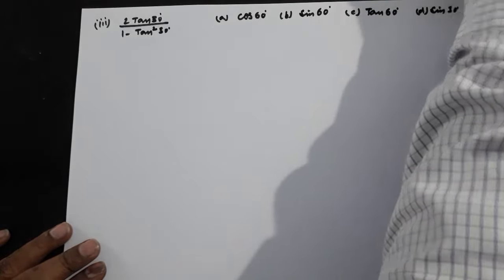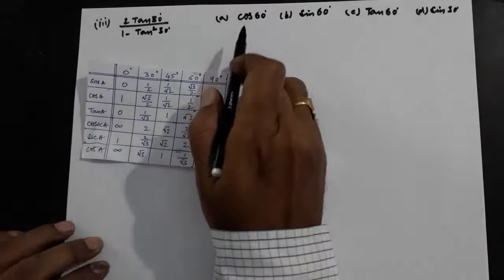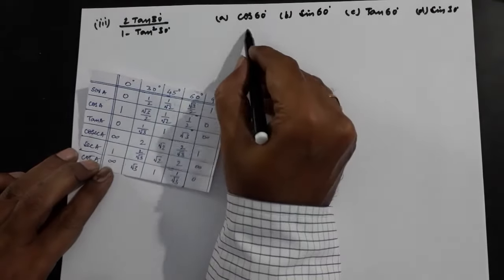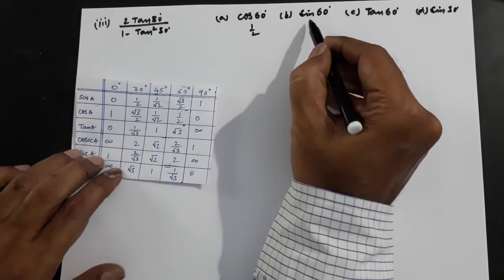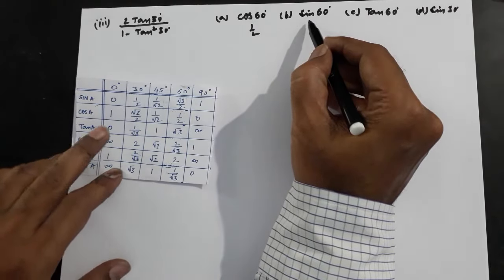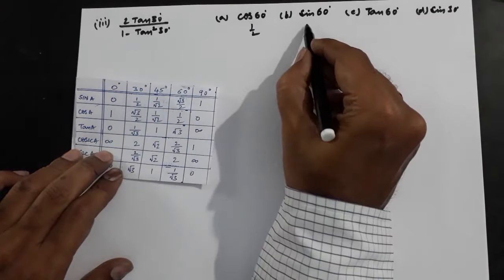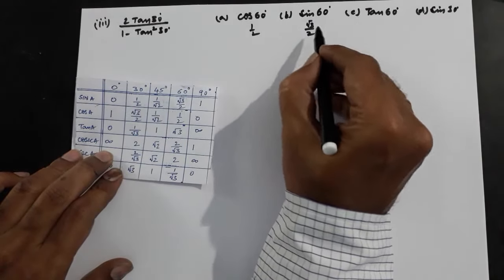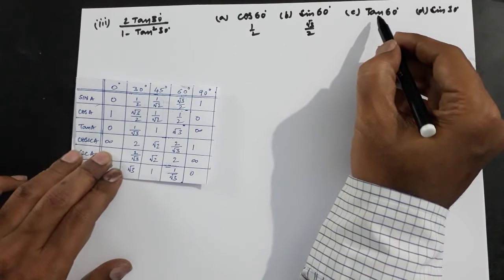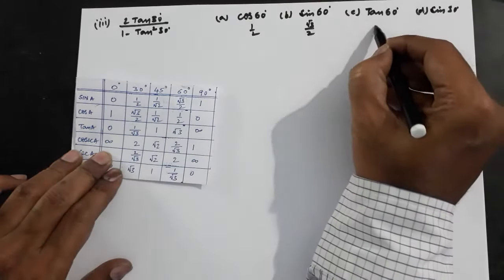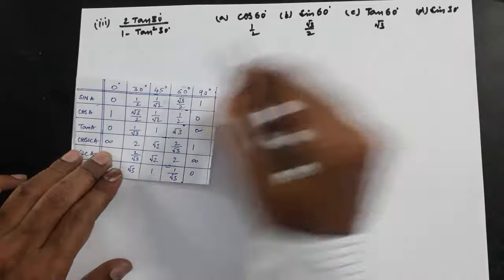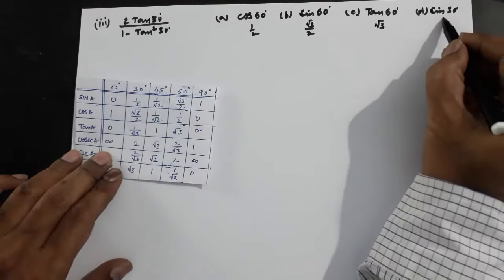So if you see the values, what is cos 60? Cos 60 is 1 by 2. What is sin 60? Sin 60 is root 3 by 2. Okay. Tan 60? Tan 60 is root 3. And sin 30 is 1 by 2.